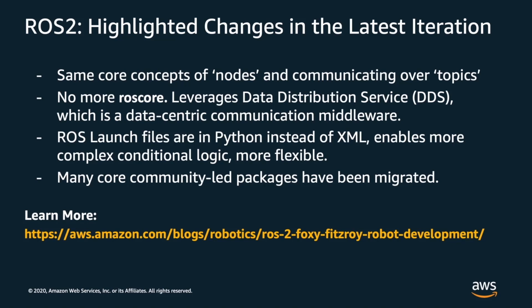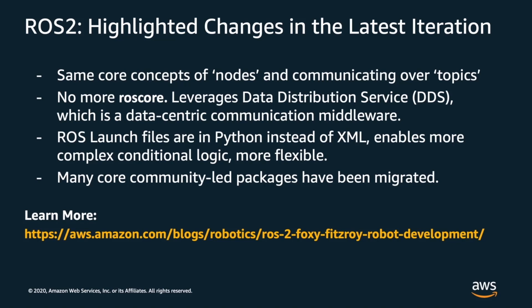This distributed communication mechanism is comprised of many local data stores, removing the requirement to run that centralized registration and discovery service. For this reason, there's no ROS master defined in ROS2 applications. As mentioned in the previous slide, ROS2 leverages Python for its ROS Launch files.